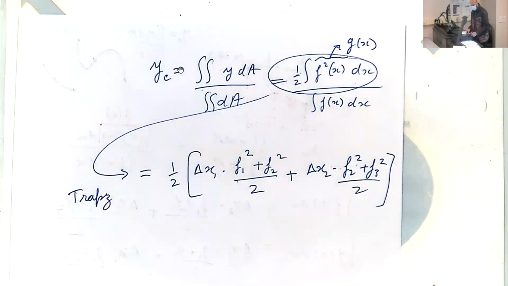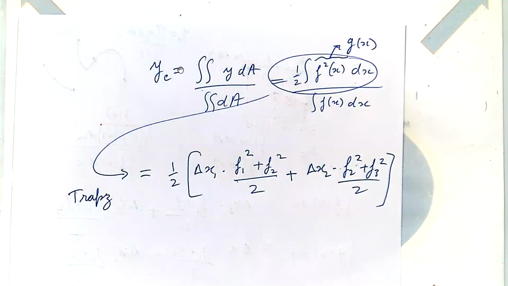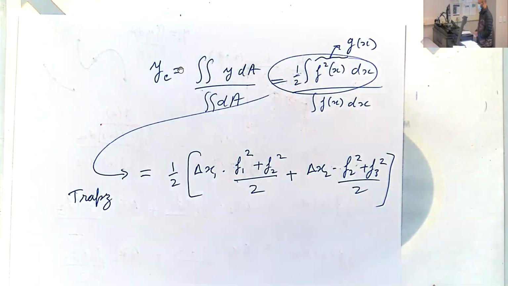Okay, tell me which step. Delta X F1 plus. Oh, okay, from the Simpson rule. Okay, got it. From the trapezoid. Yeah. Oh, okay. So then, yeah, I'm good. Anybody else?